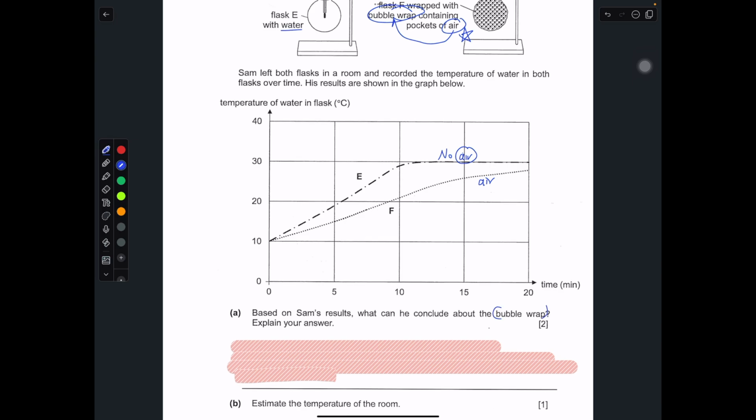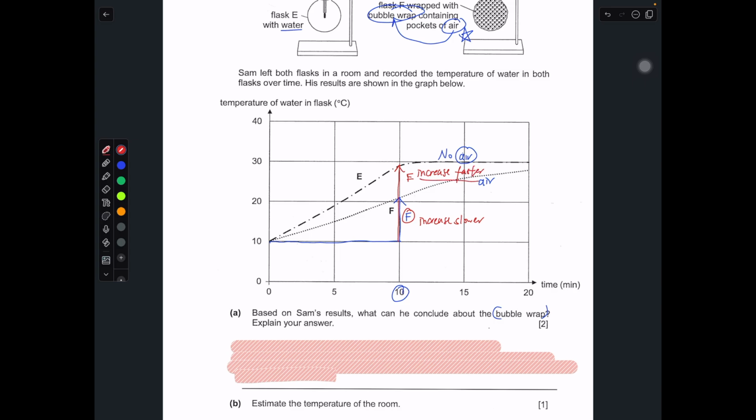What can he say? If I look at it at 10 minutes, this is the amount of temperature increased by F. This is the amount of temperature increased by E. Can you see that the water in flask F actually increases slower, but this one increases faster?